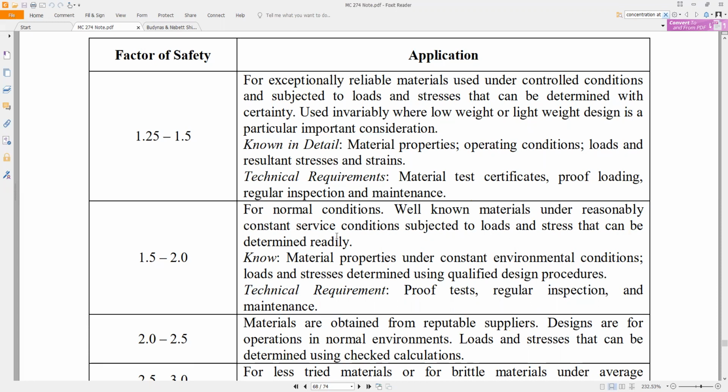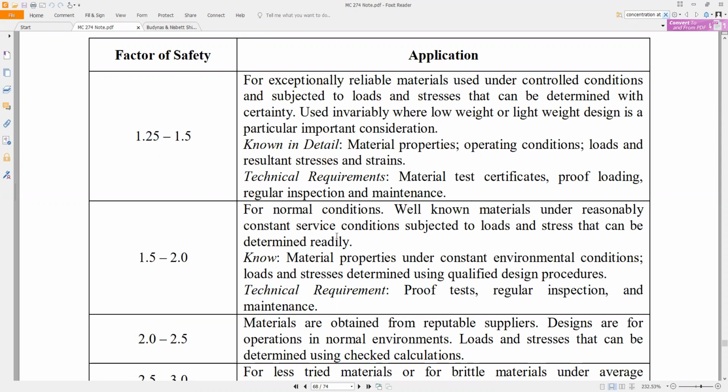Okay. So from 1.25 to 1.5, and these are for exceptionally reliable materials used under controlled conditions and subjected to loads and stresses that can be determined with certainty. Used invariably where low weight or lightweight design is a particularly important consideration, okay?